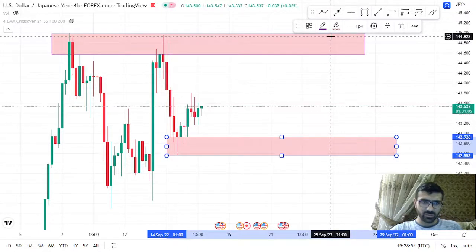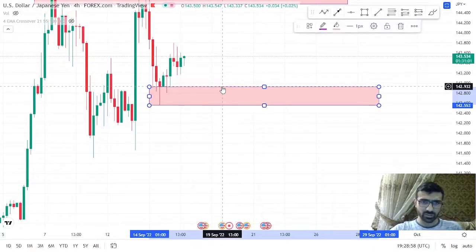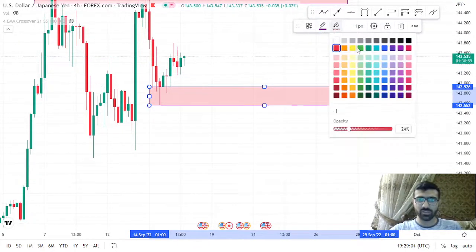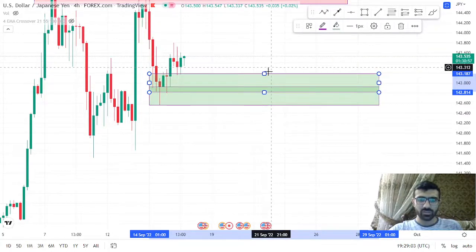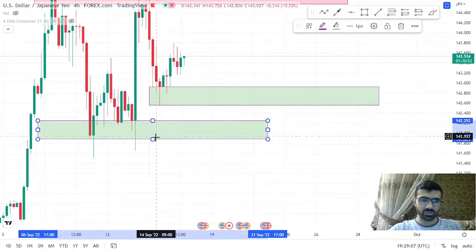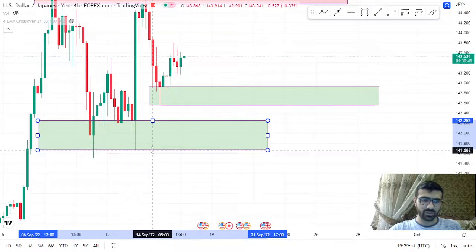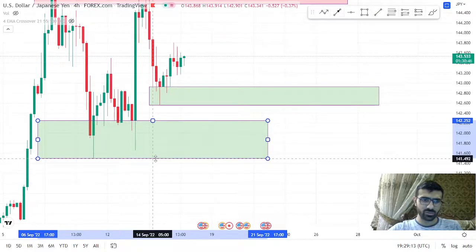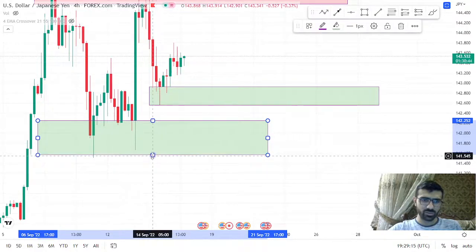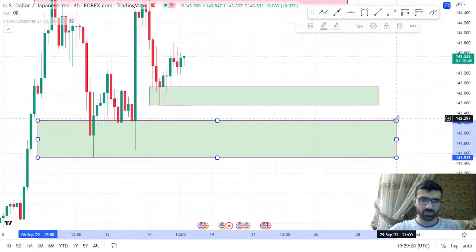Okay, let me change its color to green. The next recent area of support is this. Let me stretch it a little, a little more. This. Okay, so this is a complete area of support.